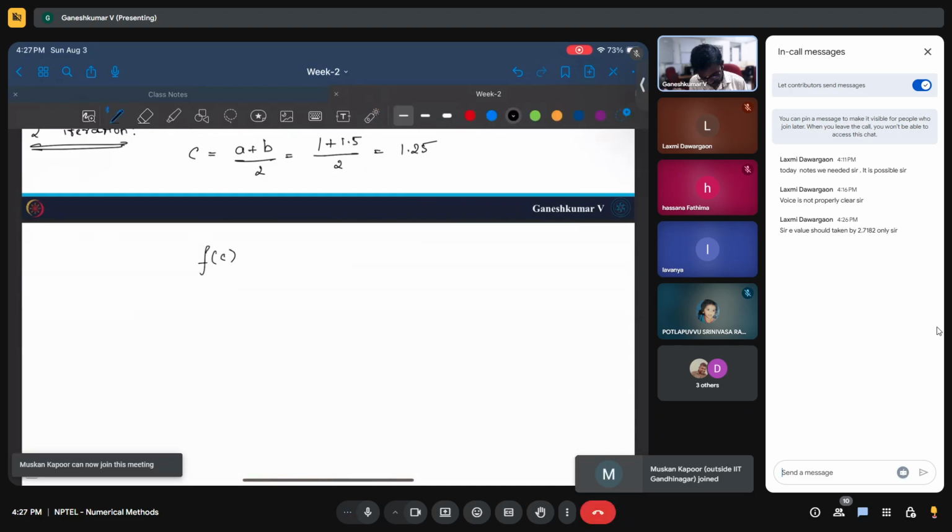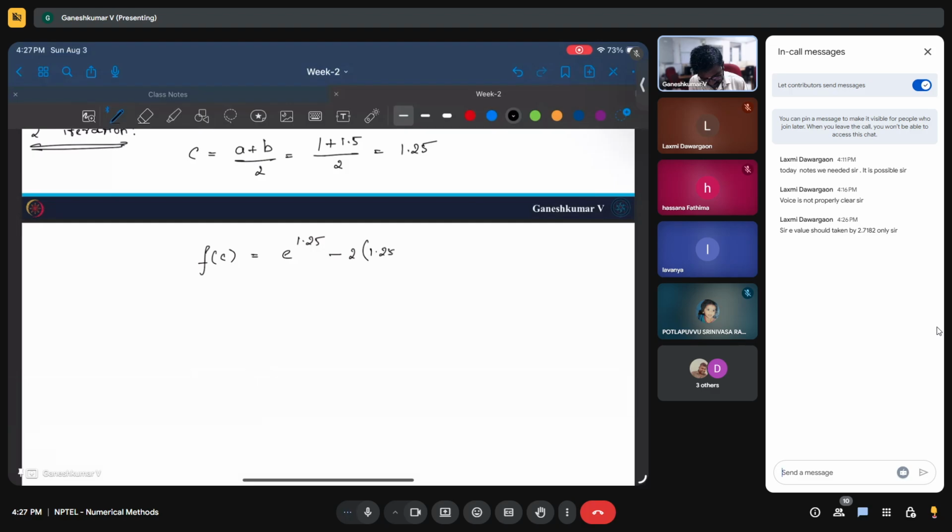F of C should be e power 1.25 minus 2 into 1.25 square. So now if you calculate e power 1.25 minus 2 into 1.25 square, that comes out to be 0.3653. Okay.